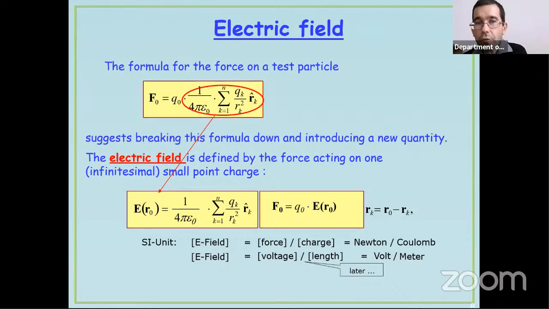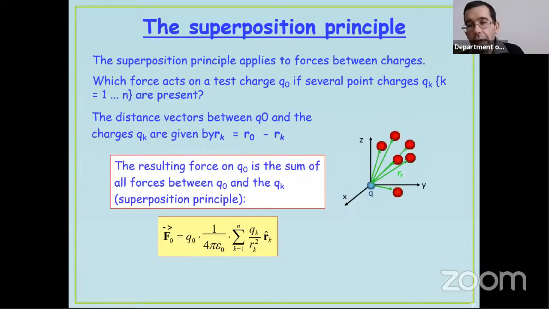And now in the following, we are going to introduce a new concept. This is the field concept. The first question is, why do we need this? Here you see that if we have many charges, and usually this is the case, then we have to calculate a lot, because for each pair of charges, we have to calculate the Coulomb force.